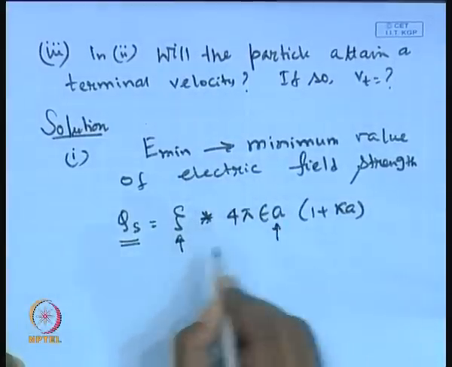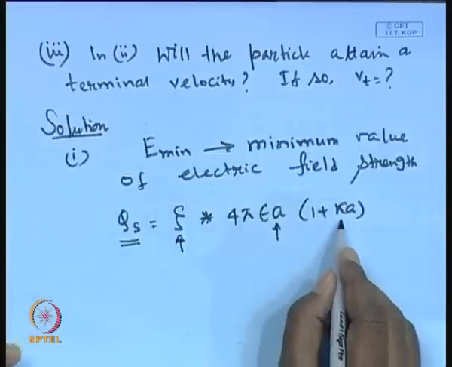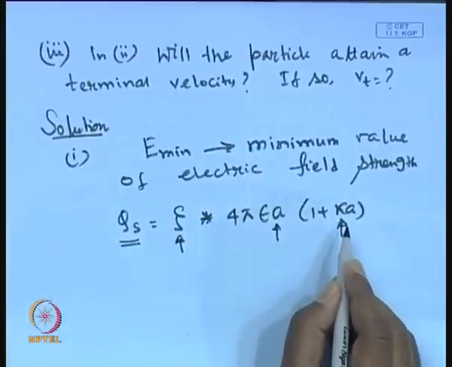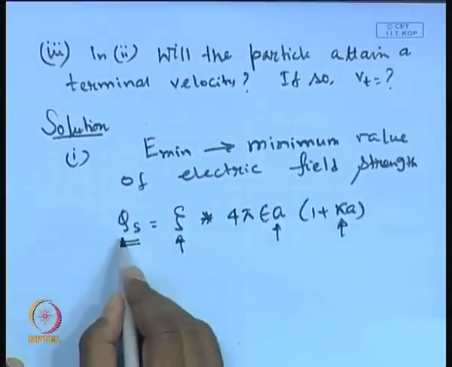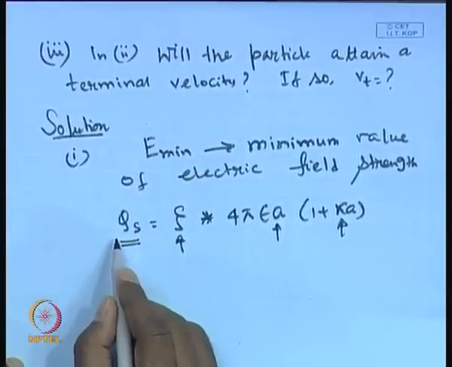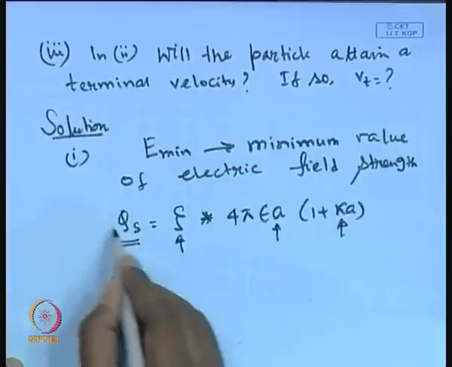A is also given to you, kappa you can calculate, because the sodium chloride electrolyte concentration is given and the nature of the electrolyte is known. So, you can know the value of kappa the same way we have done earlier, and A is known. So, the whole right hand side will be known, and you can estimate the charge residing on the surface of the particle from this formula.